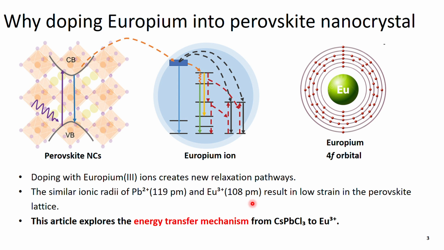In this report, we want to know the energy transfer between the perovskite nanocrystal and the europium ions. So we will use fluorescence spectroscopy and transient absorption spectroscopy to understand the mechanisms between these two systems.